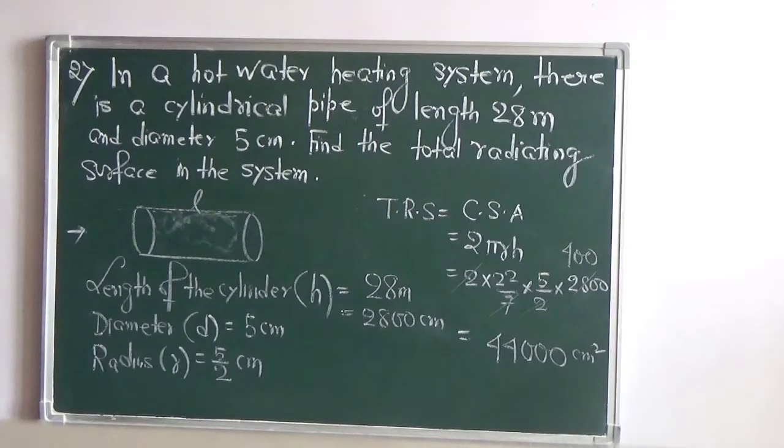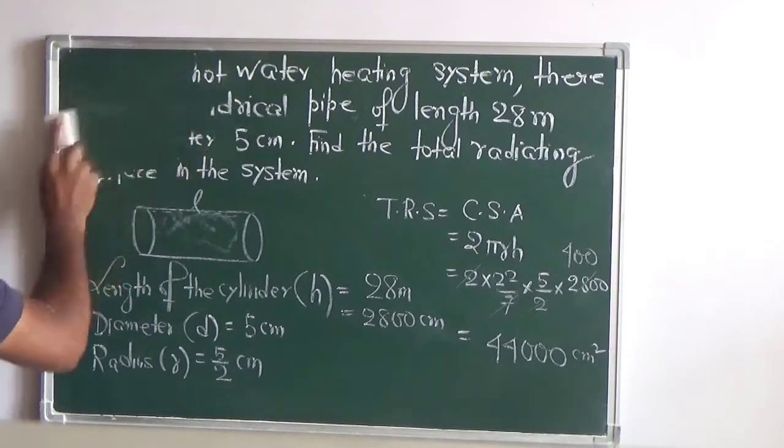So you can write it as 44,000 centimeter square. So moving on to question number 3.